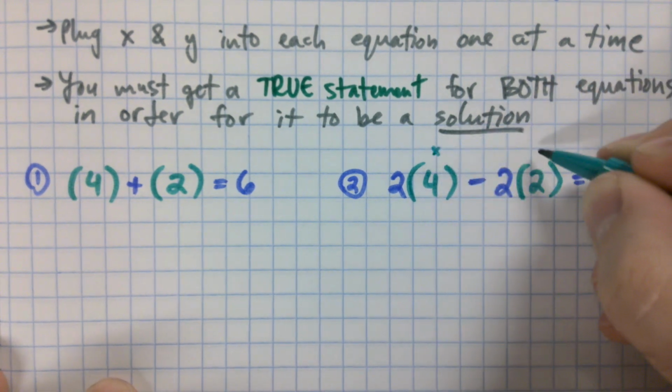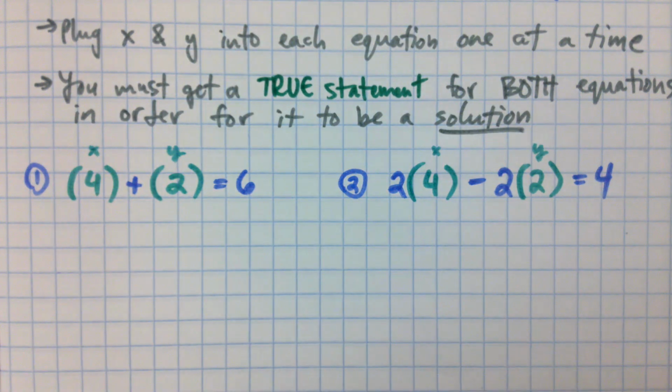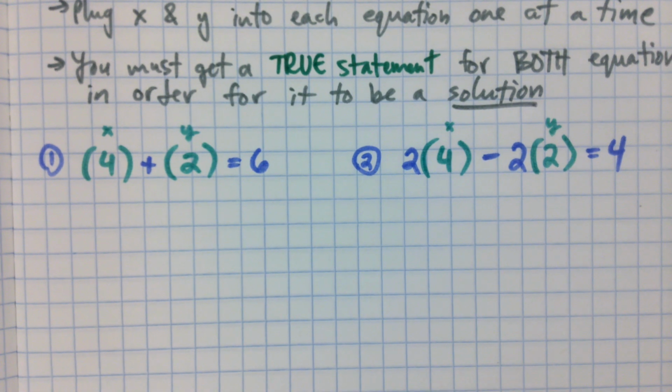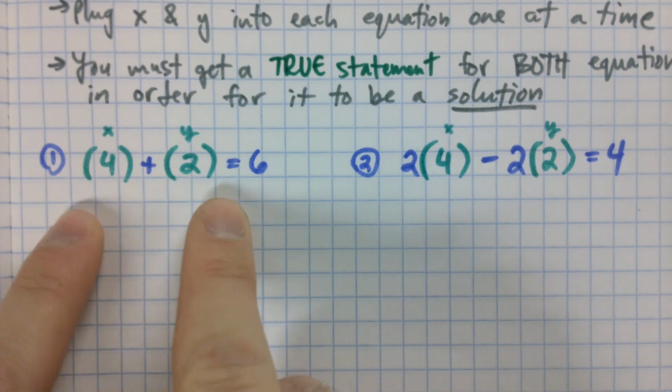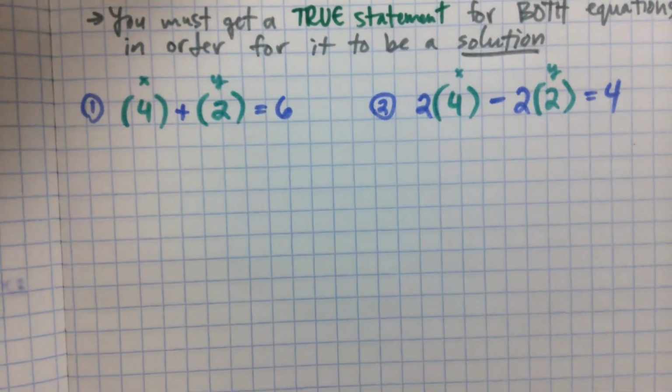Again, my x and my y. So we're using the same point, different equations. Got to get true and true for both of those if we want to say that (4, 2) is a solution to the system itself.